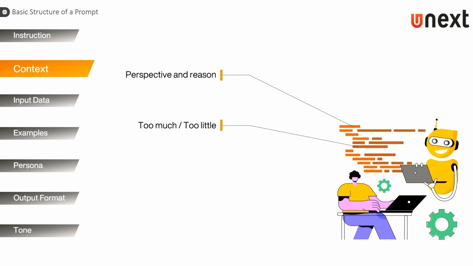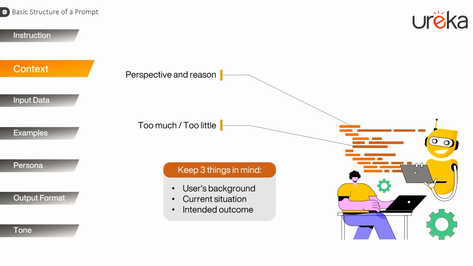The best way to give context is by giving these 3 sets of information: user's background, current situation, and intended outcome. For example, if you want LLM to write an email, do give the context covering on whose behalf the mail has to be written, for what situation, and what is the purpose of writing the email.